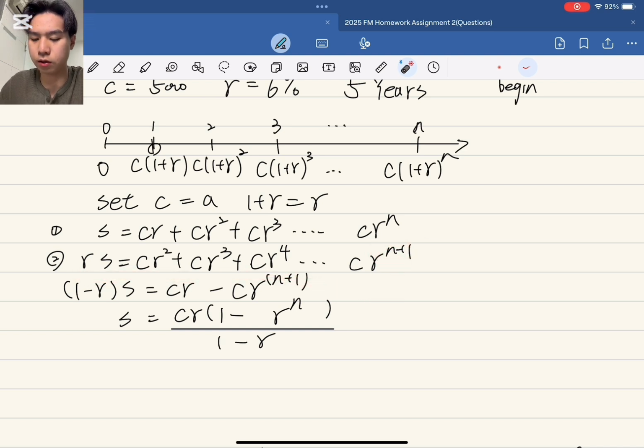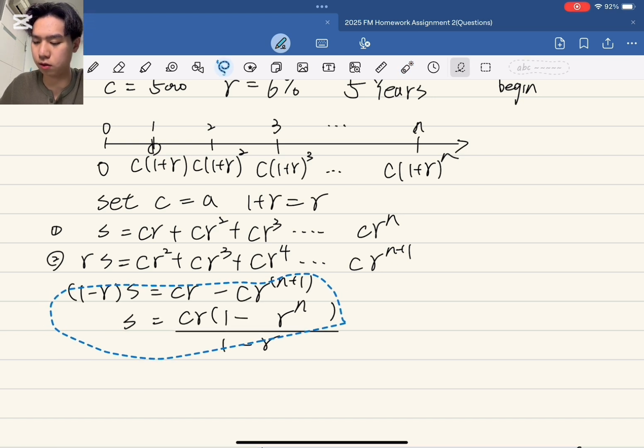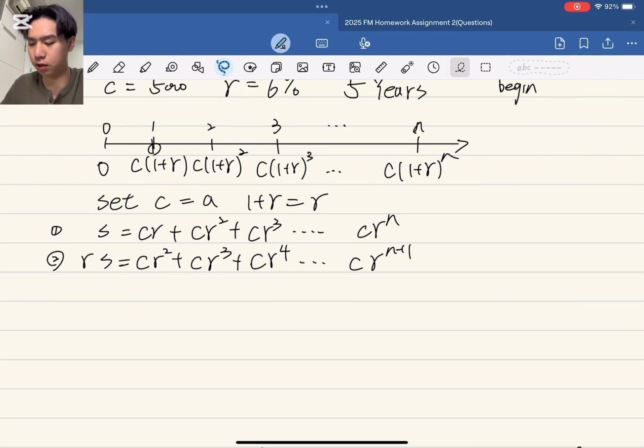And we use the second formula minus the first formula. We will tidy up.